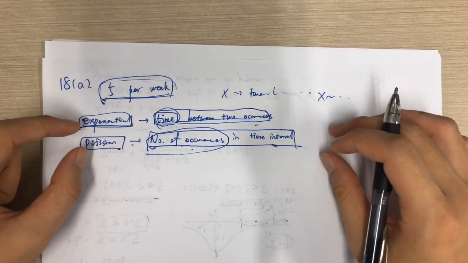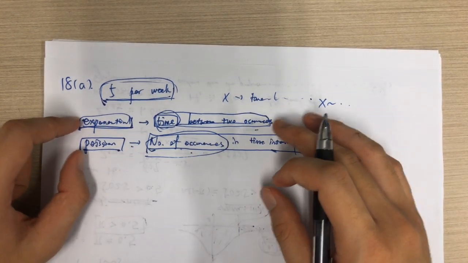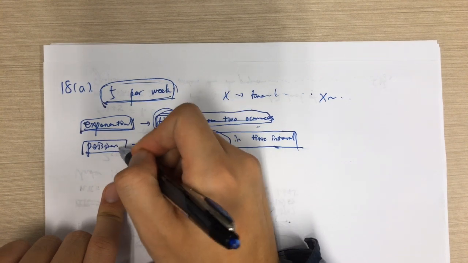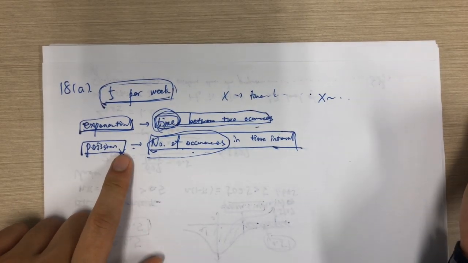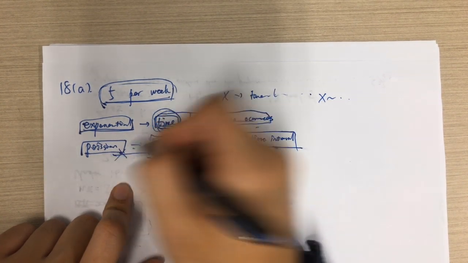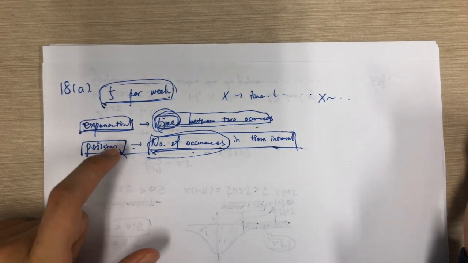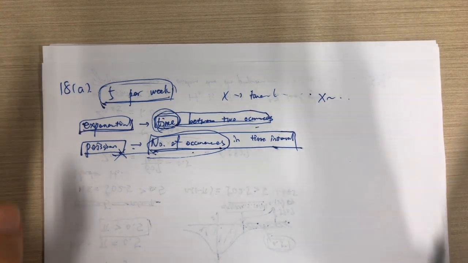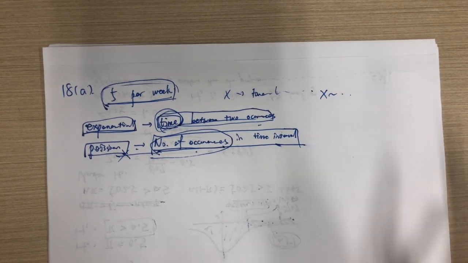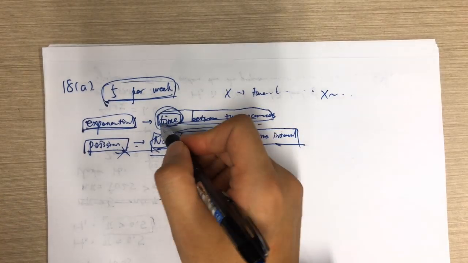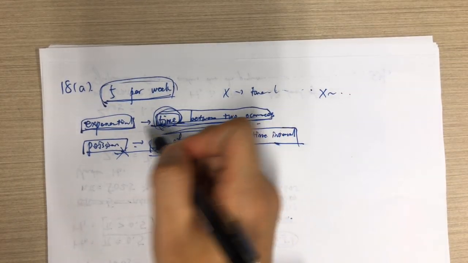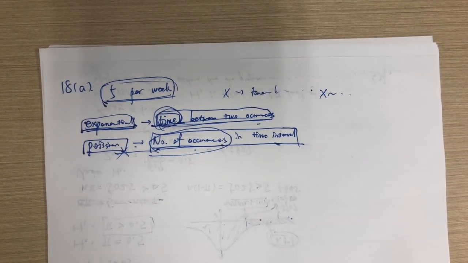Now, the question asks, what distribution does time between accidents follow? So time is never Poisson distribution. Only the number of occurrences follows Poisson distribution. Hopefully I answered your concern. It's all about what you are asked. If it asks for the distribution of time between two outcomes, that follows exponential distribution.